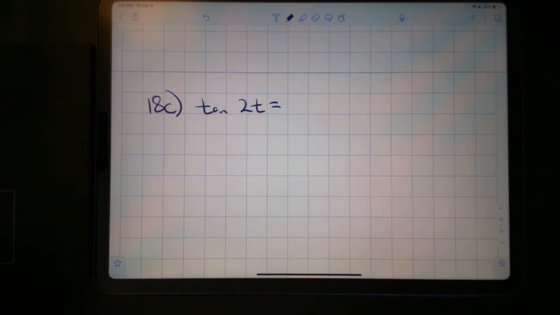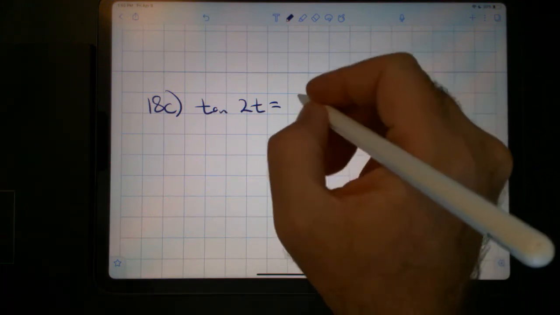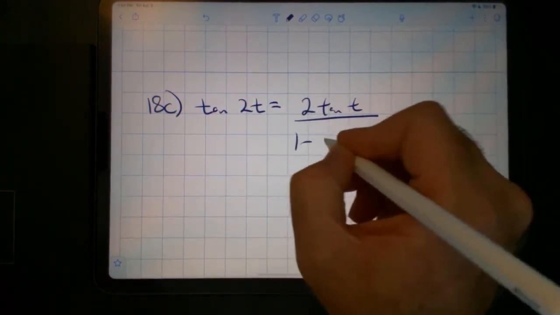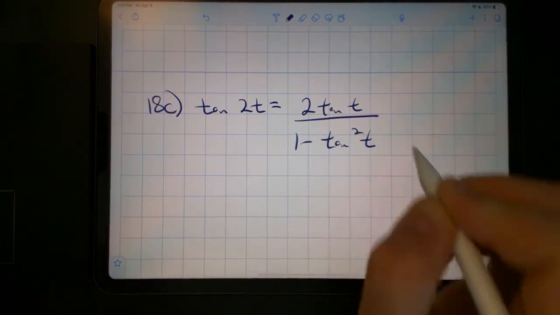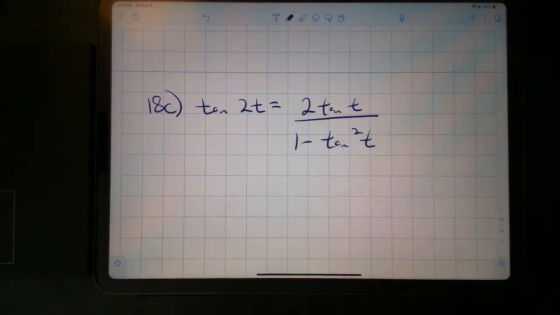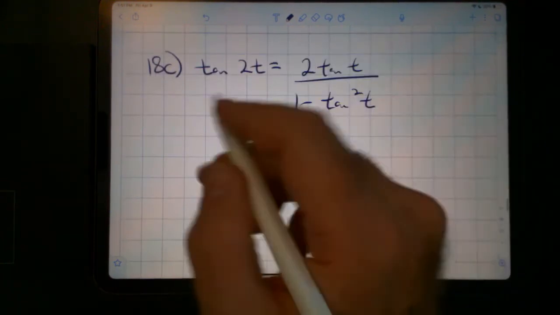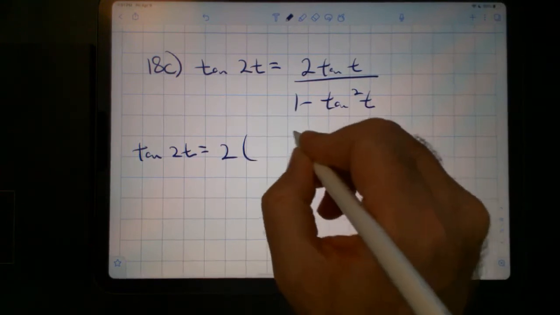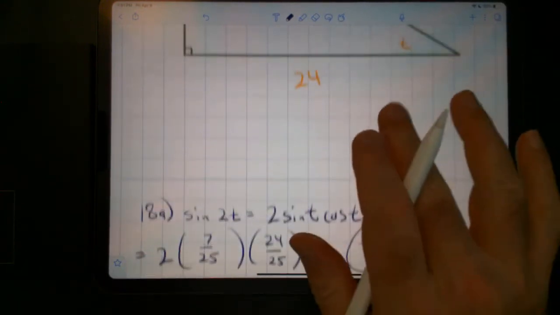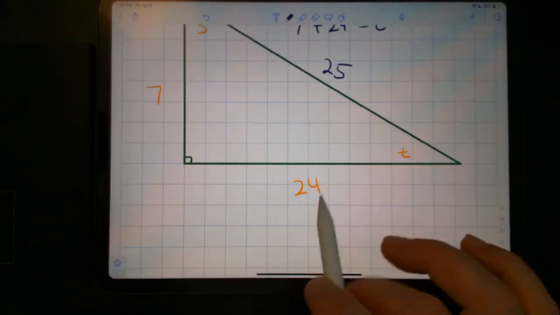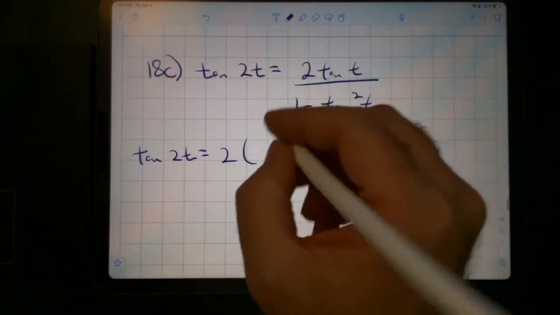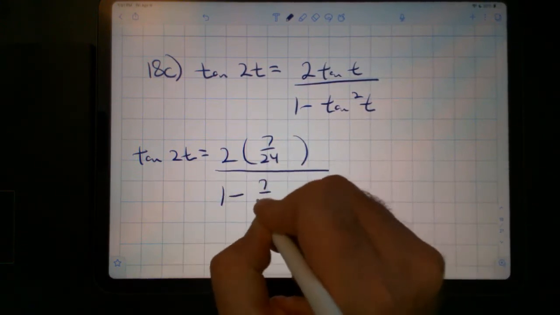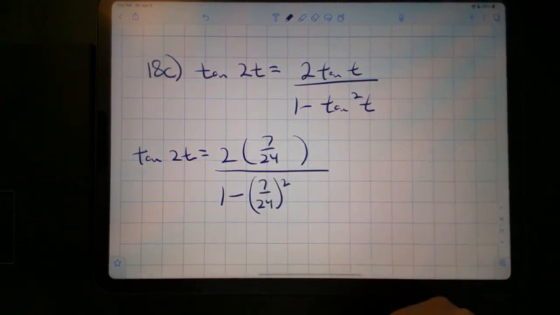Tangent of 2t. So this is 2 tangent of t divided by 1 minus tangent squared of t. So tangent of 2t is equal to 2 times tangent of t, which is opposite over adjacent, 7 over 24, all divided by 1 minus 7 over 24 quantity squared.